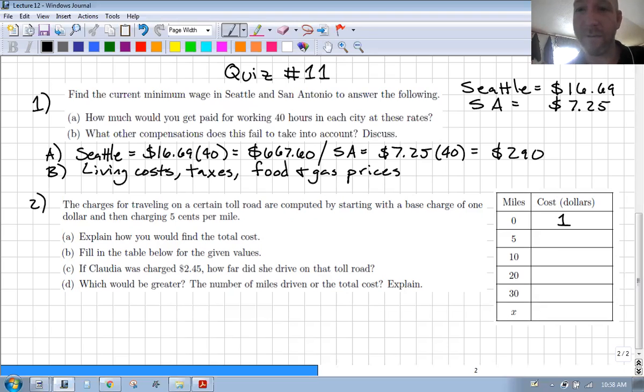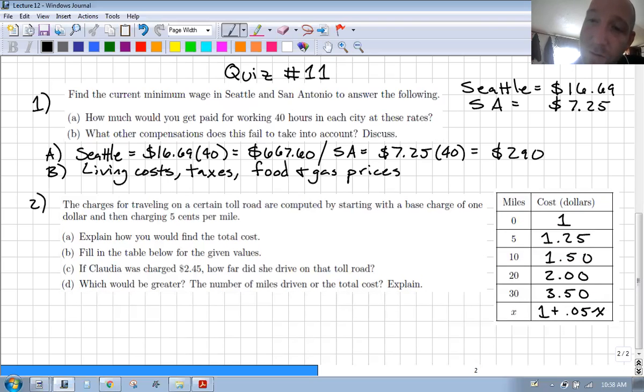At 5 miles, we have 5 times 5 cents, 25 cents, and $1, be $1.25. At 10 miles, we'd have 50 cents plus our dollar, so it'd be $1.50. At 20 miles, we have 20 times 5 cents, which is $1 plus the original dollar. At 30 miles, we'd have $1.50 plus $1 would be $2.50. For X miles, we have 1 plus 0.05X.